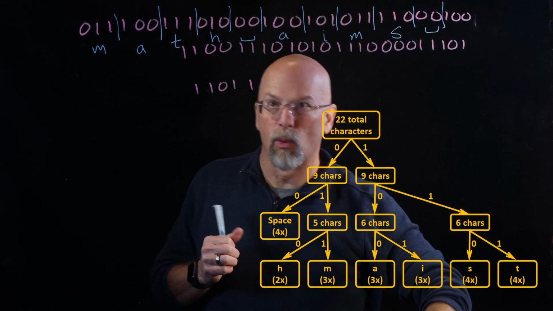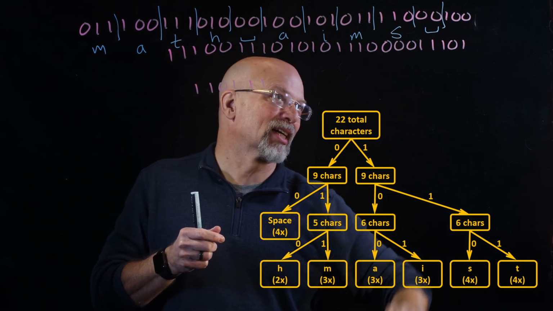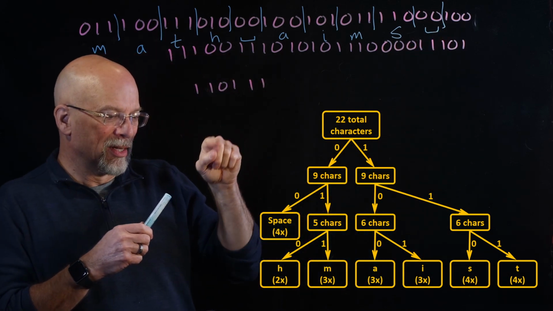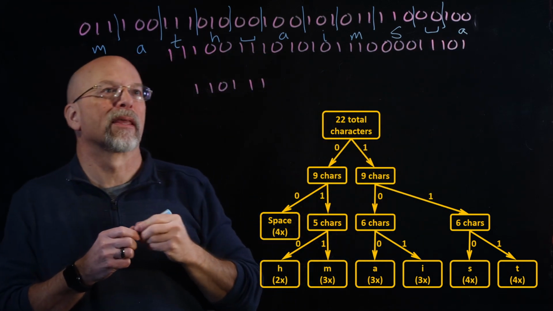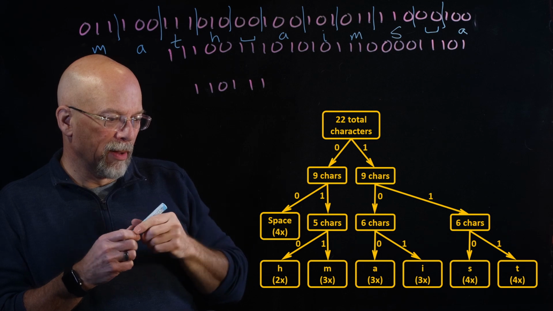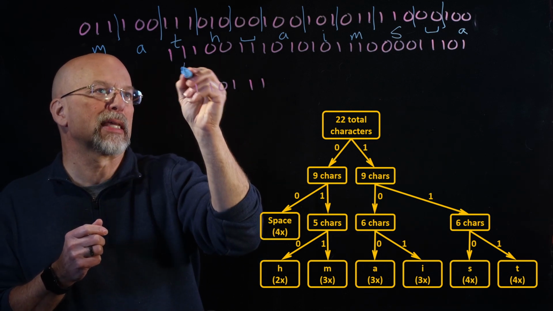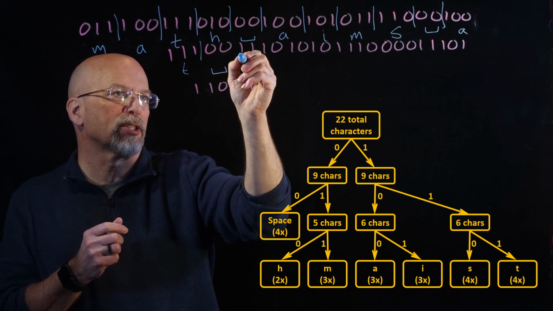Let's change that 1 and move it down here, because I know that we've got a 3-digit character coming up here. 1, 0, 0. So 1, 0, 0. That's a lowercase a. 1, 1, 1. That is 1, 1, 1. That is a T. And then 0, 0 is a space.